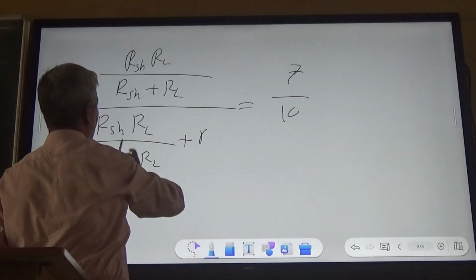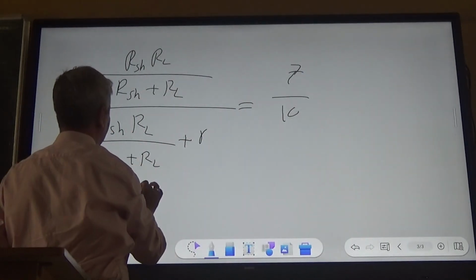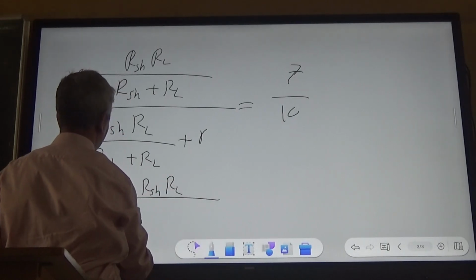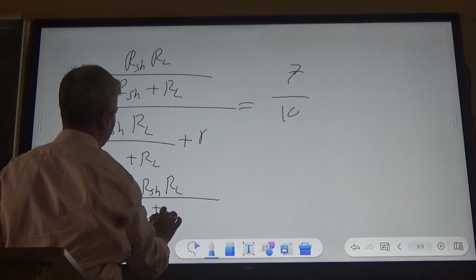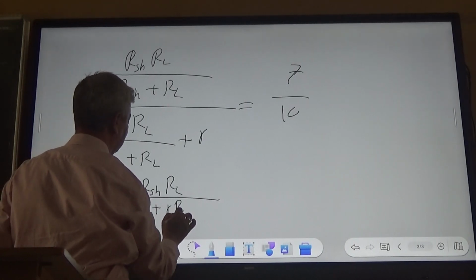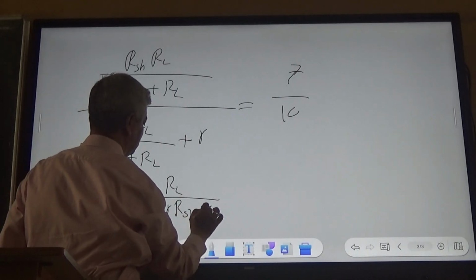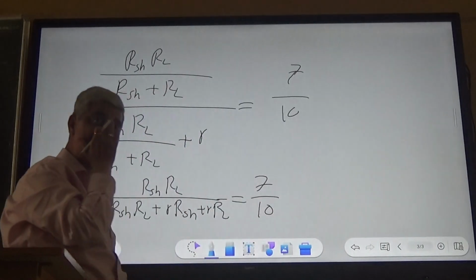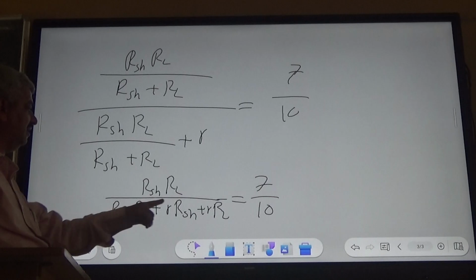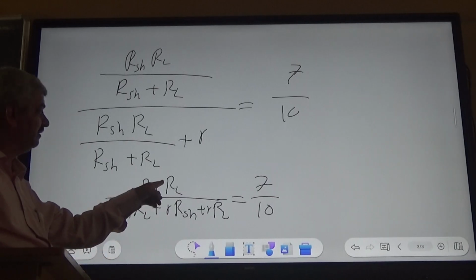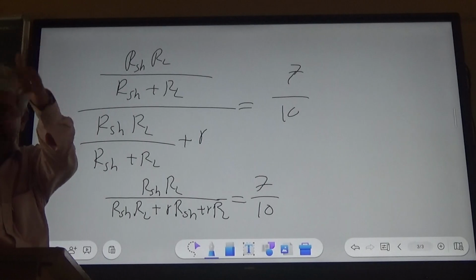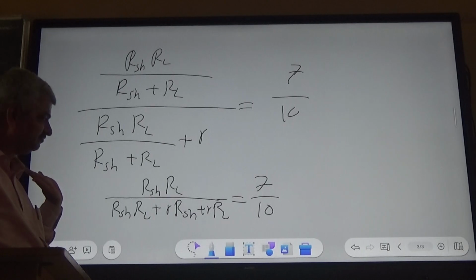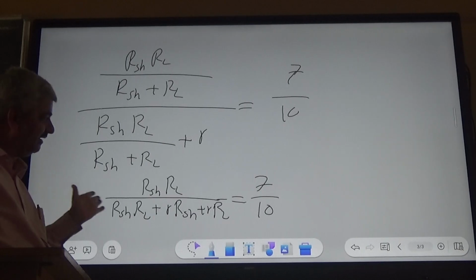So multiplying numerator and denominator by RSH plus RL, we get RSH RL upon RSH RL plus R RSH plus R RL is equal to 7 by 10. Right? So in this case now, small r is known, RL is known, known means at the current instant it is known. So what is RSH? You have to find it out. Is it clear? That you can very easily.